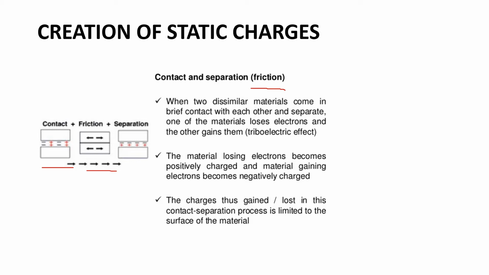This is called the triboelectric effect. The material losing electrons becomes positively charged and the material gaining electrons becomes negatively charged. The charge gained or lost in this contact and separation process is limited to the surface of the material.